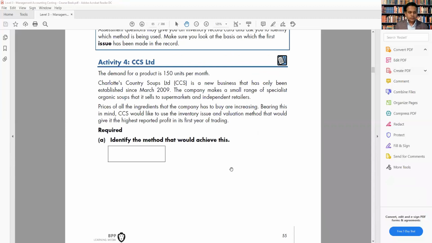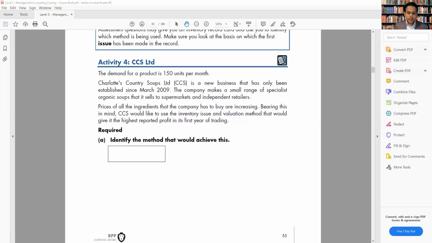All right. So the first one we have: would less closing inventory value have the higher profit? Well, less closing inventory will not have a higher profit. The reason is you need to think from the opposite point of view, because the closing inventory you minus from the cost.